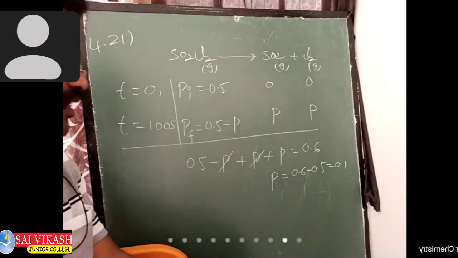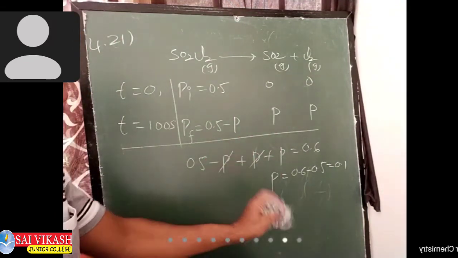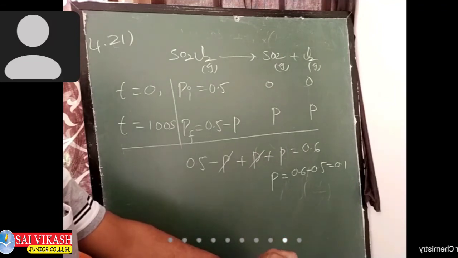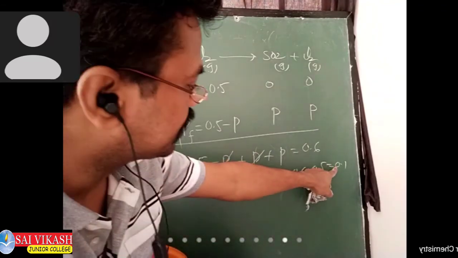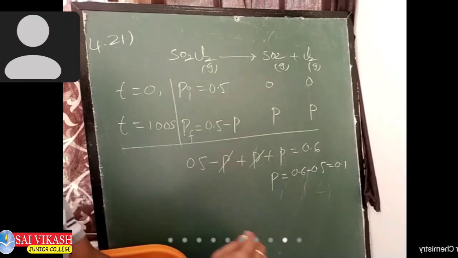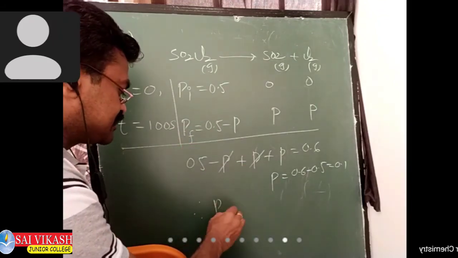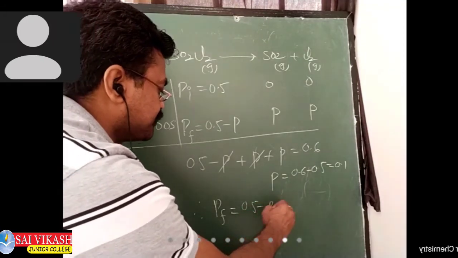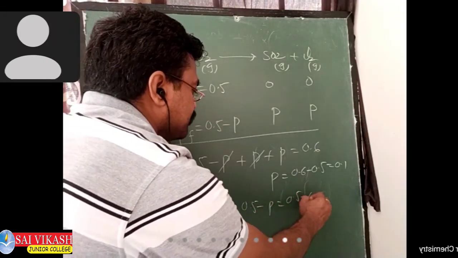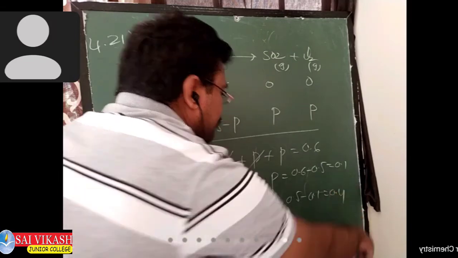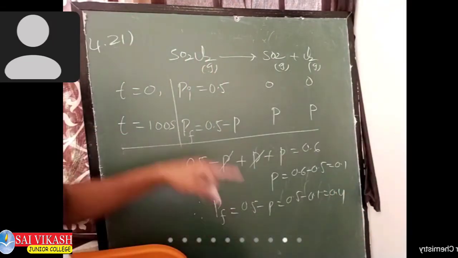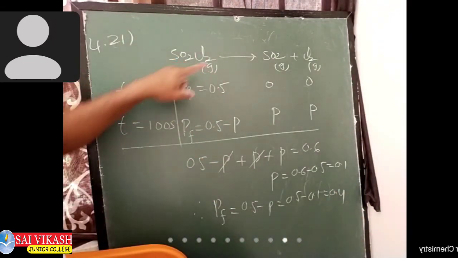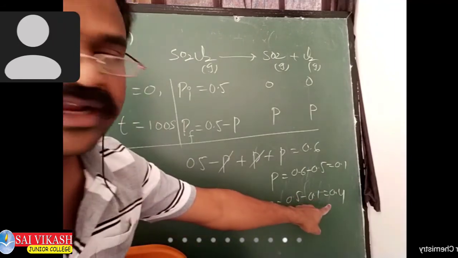Right? Now tell me, P we got 0.1, means what will the final pressure be? Therefore, next step, final pressure is equal to 0.5 minus P. Therefore, 0.5 minus 0.1. So it will be 0.4. See, initially we got 0.5. Final pressure we got as 0.4.